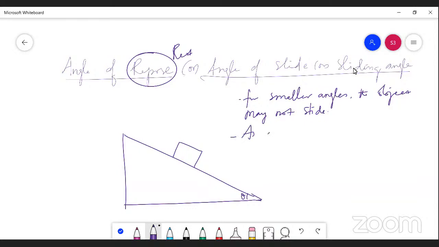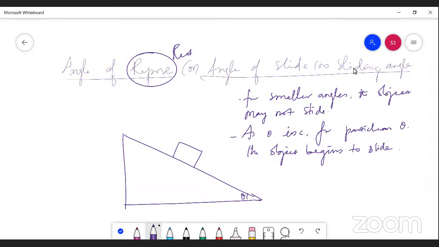As theta increases, for one particular value of angle theta, the object begins to slide.